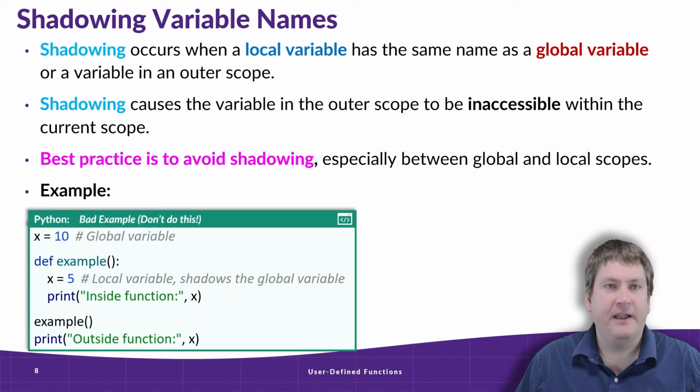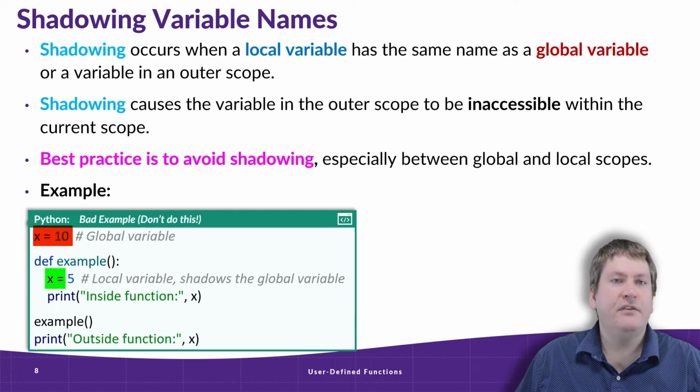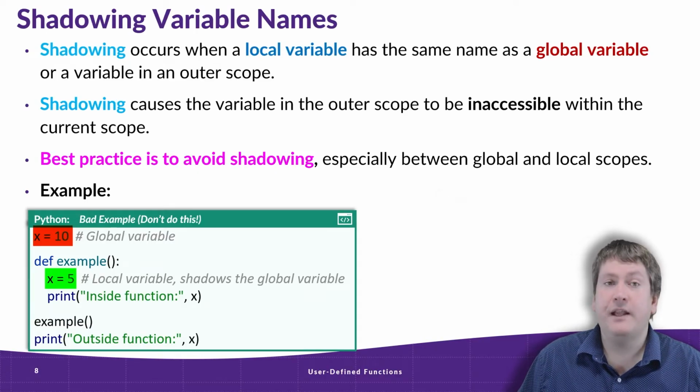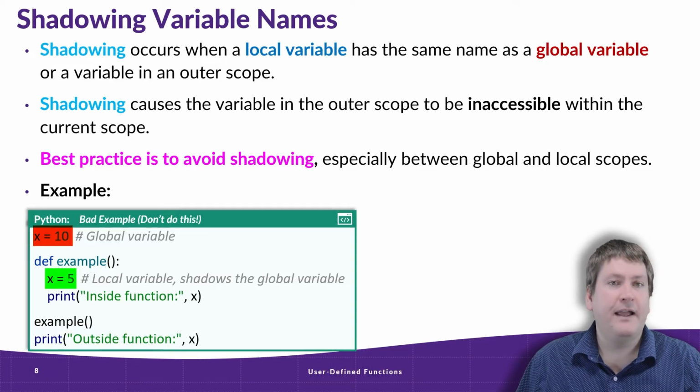Let's take a look at an example. Here we have a fairly simple program, but there is one little hiccup here, and that is we have two variables with the same name. The variable on the outside, highlighted in red, is the global variable x, and we're setting it to the value of 10. The other x inside the function example is a local variable, also named x, and it is being set equal to 5.